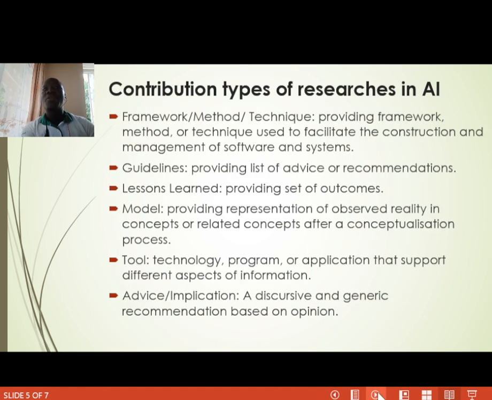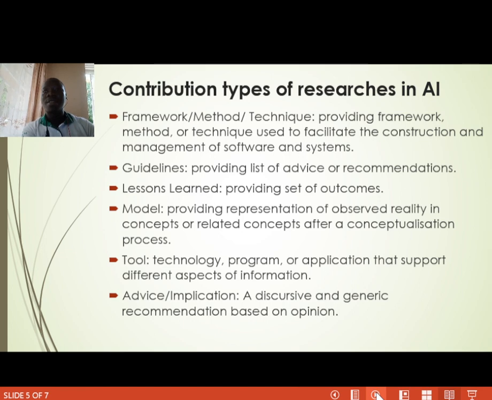We have the contribution types of researchers in AI. One is in frameworks, where these research articles provide a framework, methods or techniques that are used to facilitate the construction and management of software and systems. Two, it provides guidelines or lists of advice or recommendations. Three is the lessons learned. Here, this provides sets of outcomes.